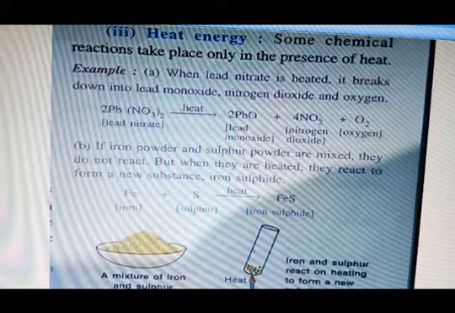So here what characterizes that this is a chemical reaction? Evolution of gas. One of the characteristics of a chemical reaction is evolution of gas, and here you can see oxygen gas and nitrogen dioxide gas will be formed. Then B, if iron powder and sulfur powder are mixed, they do not react.